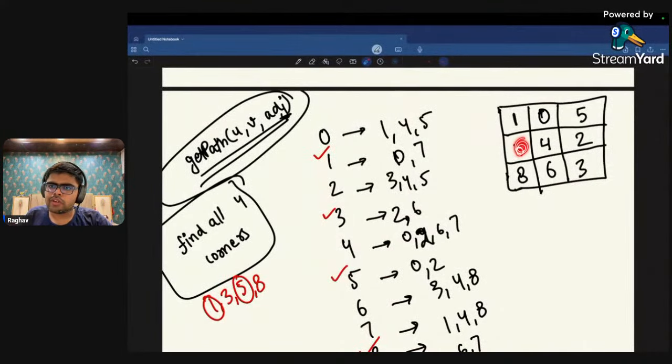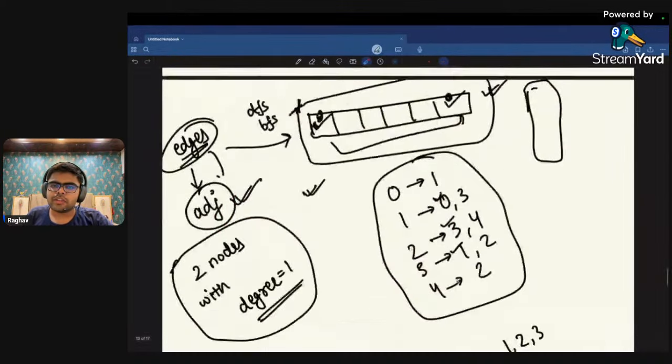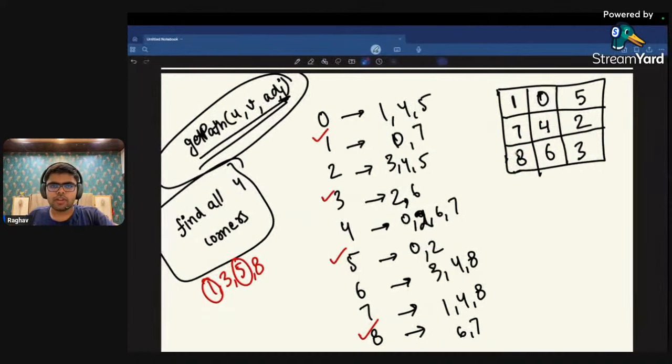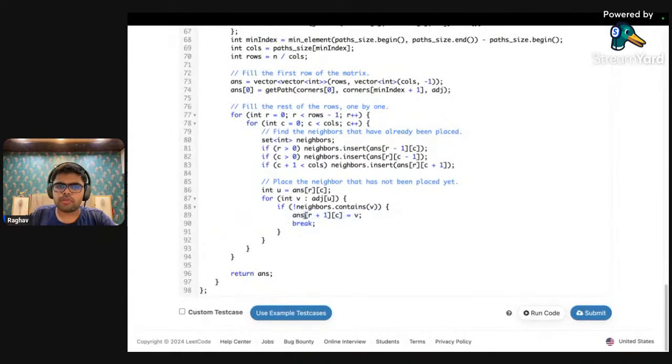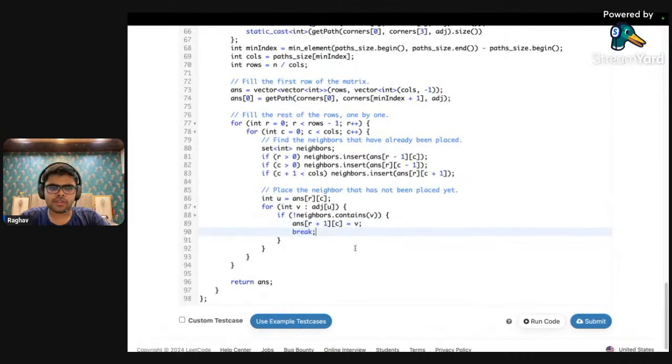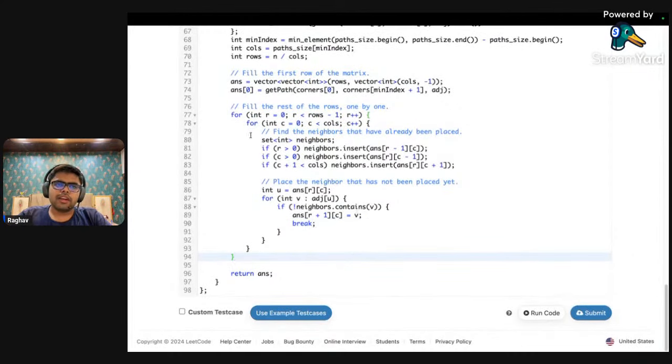Like if I was checking for this cell, then whenever I found out that 7 should have been connected to 1, 4 and 8, it is connected to 1 and 4, so I was placing 8 on the cell just below it, that is in the next row at this place, and then I'm just breaking out. Even if I don't write the break statement, it won't matter because all the other neighbors are already placed.